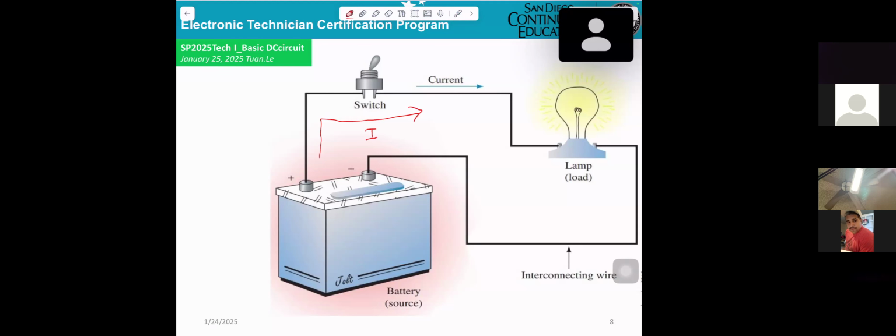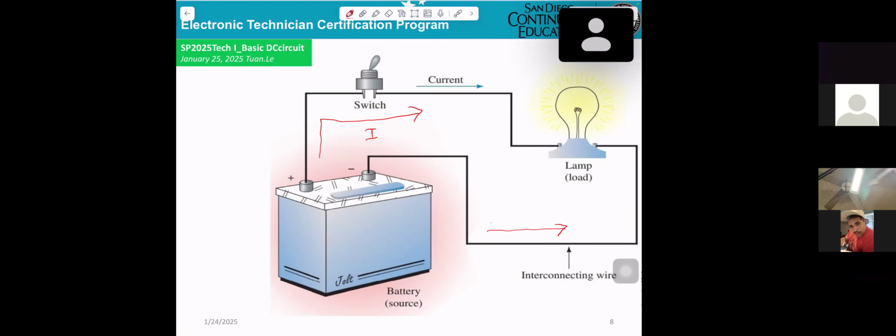The current flowing from positive. However, how come we get the current? Okay. The thing is, the electron will be moving. When you apply power, the electron will be moving from negative.